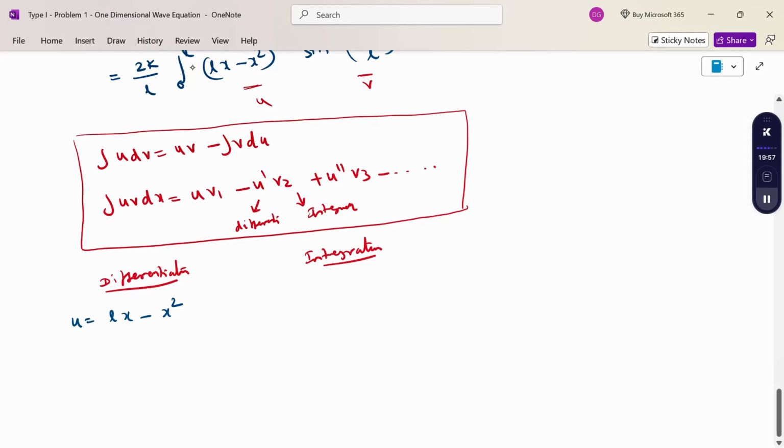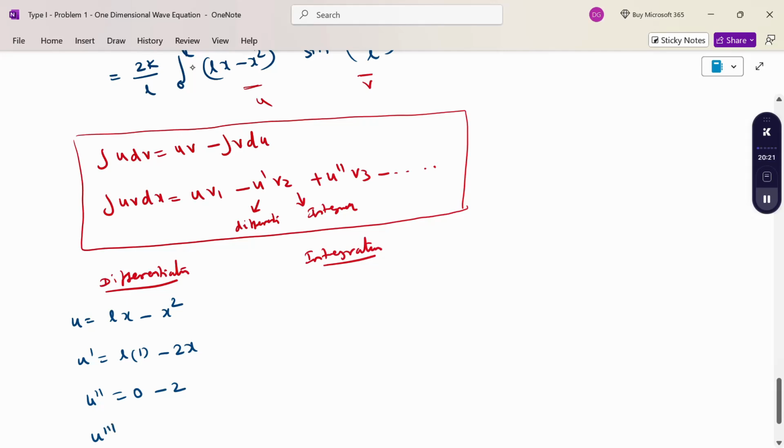When I differentiate this with respect to x, Lx differentiates to L, x square to 2x, then u double dash is L constant, so 0 minus 2.